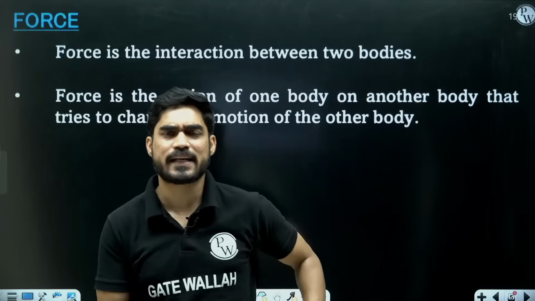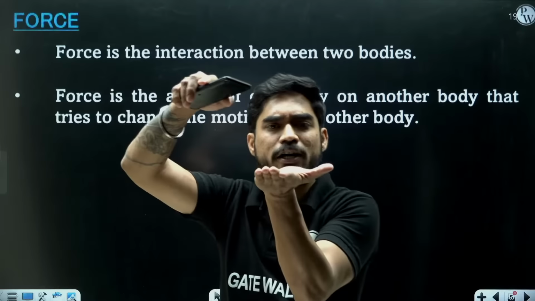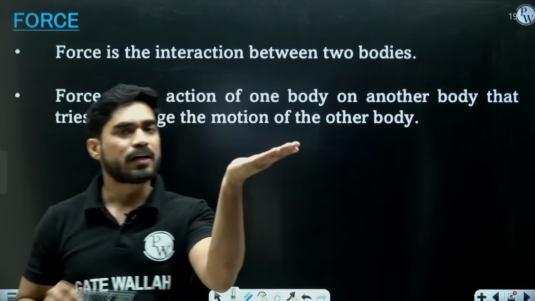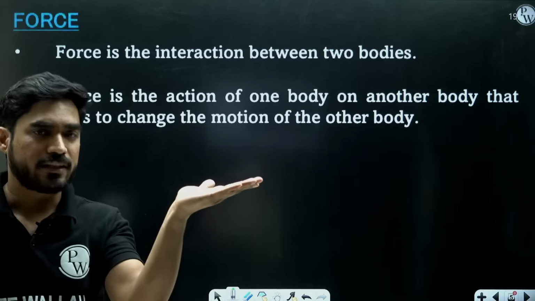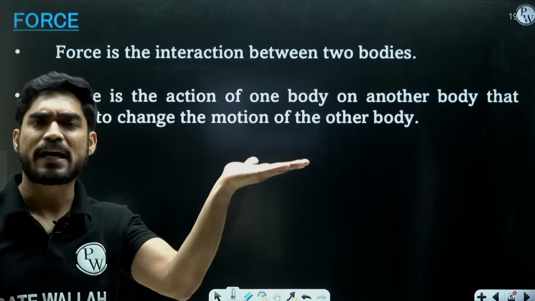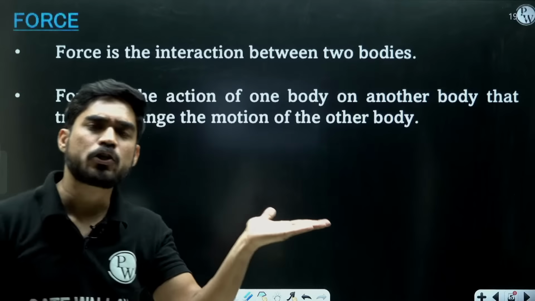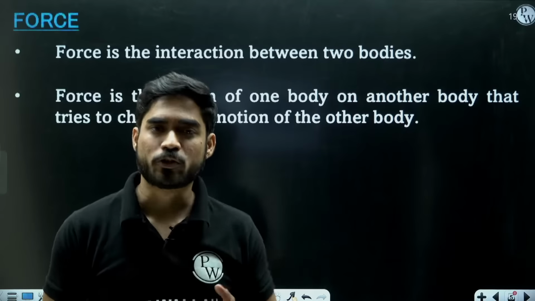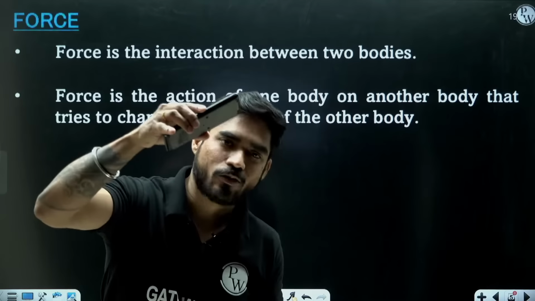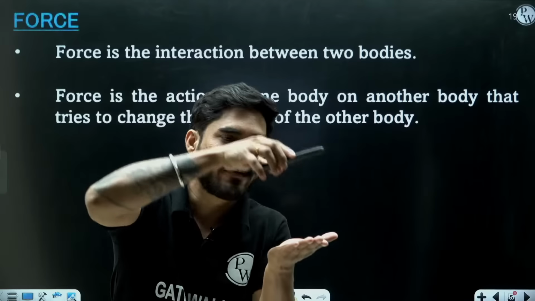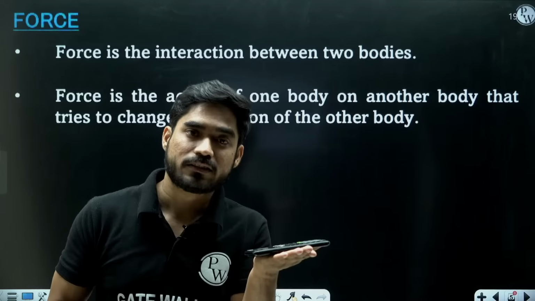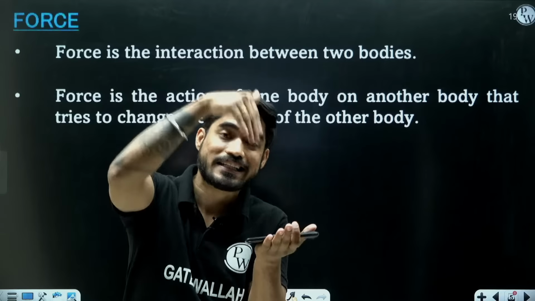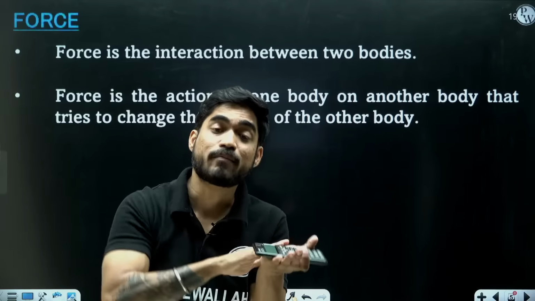For example, let's say I put my calculator on top of my hand. Now if I draw the diagram of my hand, not the calculator, just my hand, and I want to show how this calculator is interacting with my hand, what am I going to draw? This calculator is putting all its weight on top of my hand. It means that this calculator is applying a downward force on my hand.